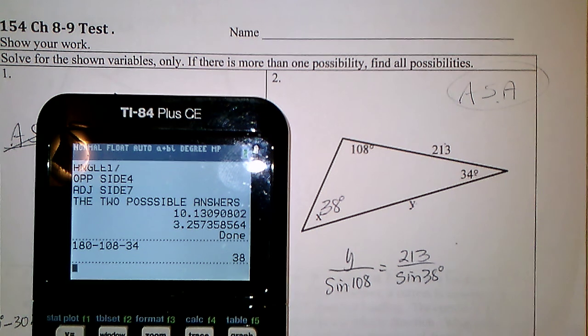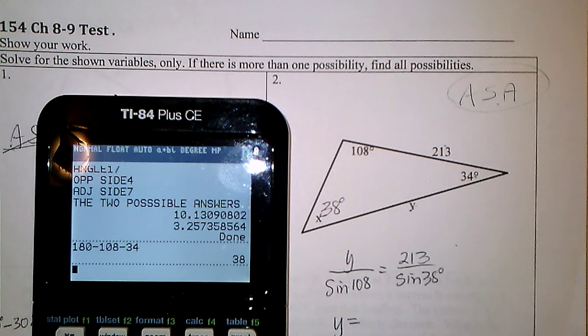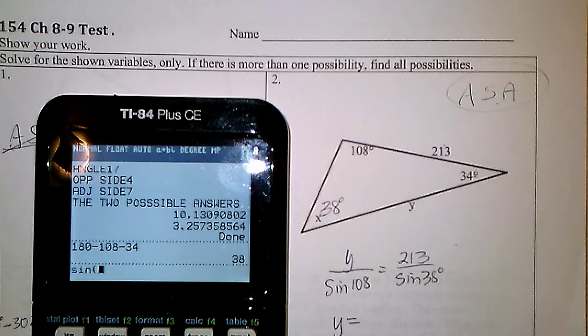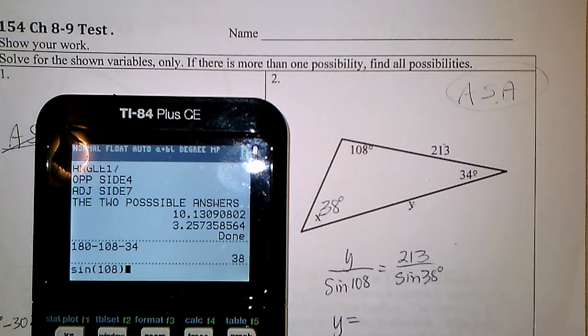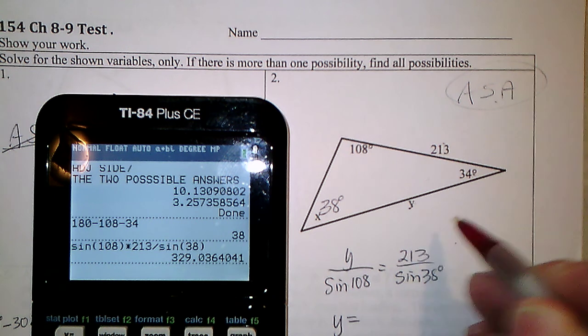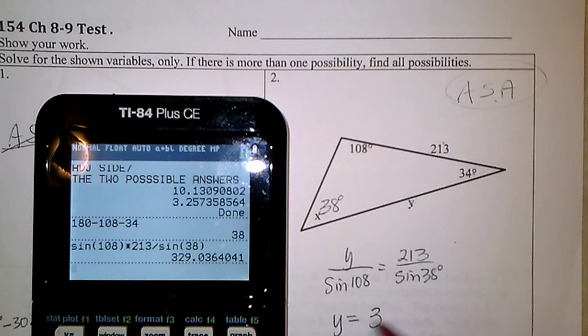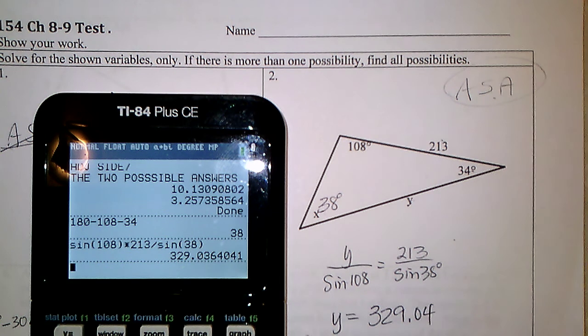Multiplying by the sine of 108, we get y to equal sine 108 times 213 divided by sine 38, and you get y equal to 329.04.